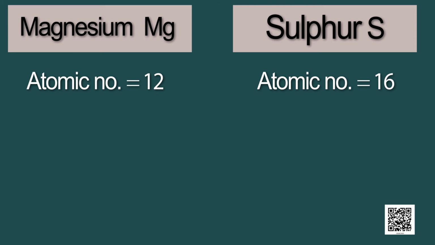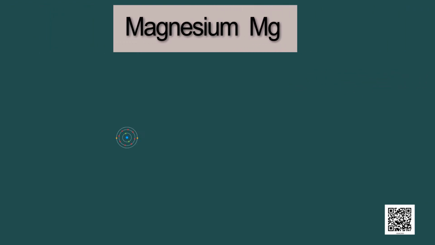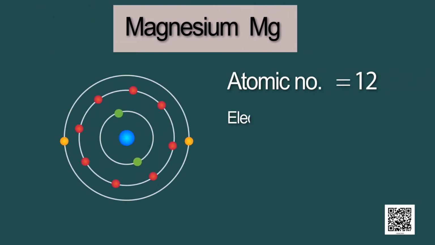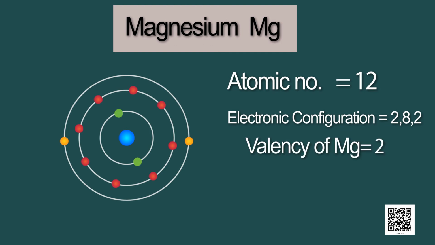First, magnesium: its atomic number is 12 and electronic configuration is 2, 8, 2. It has 2 electrons in its outermost valence shell. To obtain its octet, it loses 2 electrons and attains a stable condition. So, the valency of magnesium is 2.